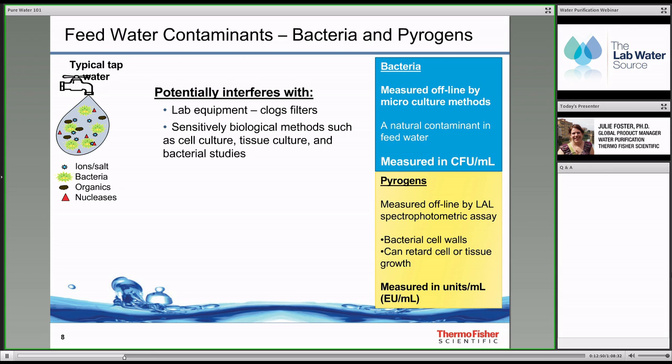If you were to inject somebody with a pyrogen, the pyrogen triggers the immune system, causing a fever. So in biochemical and cell biology experiments, pyrogen contamination can actually alter cell growth and morphology. So there's reasons to be real concerned and careful when you're thinking about pyrogens or bacteria.